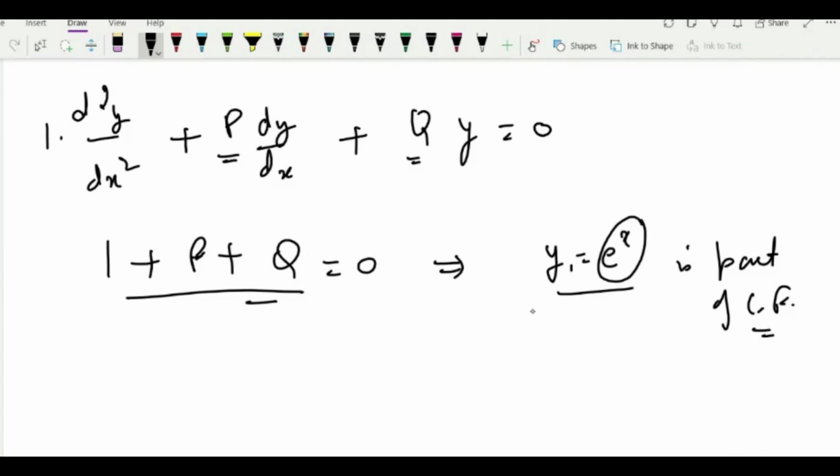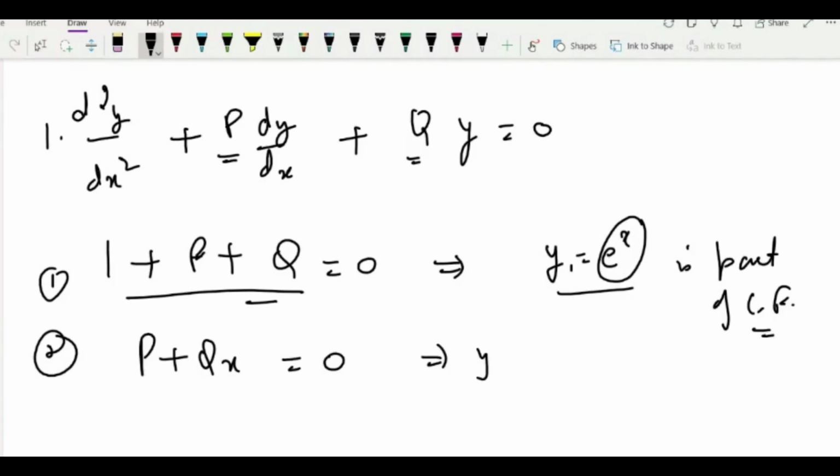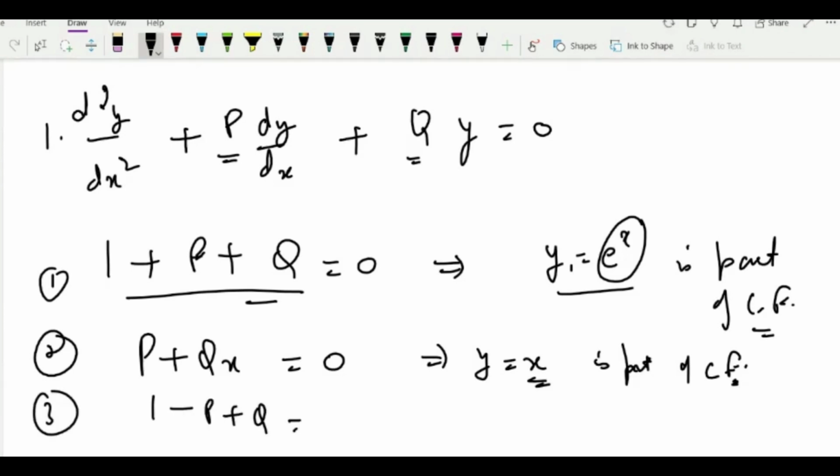And similarly, if you check and verify the relation p + qx = 0, then you can say y = x is part of the CF. This will be in the CF. And if 1 - p + q = 0, then you can say y = e raised to power minus x is part of the CF.